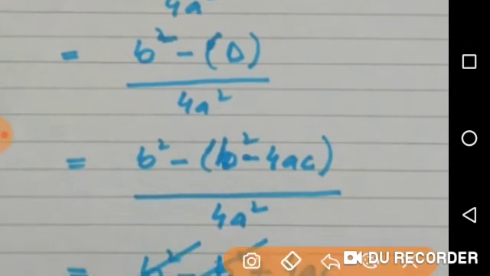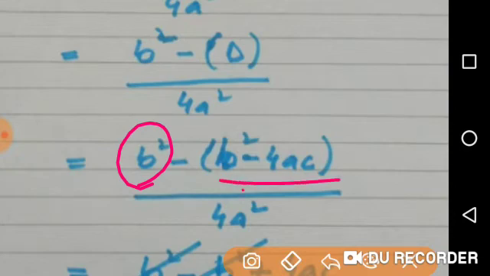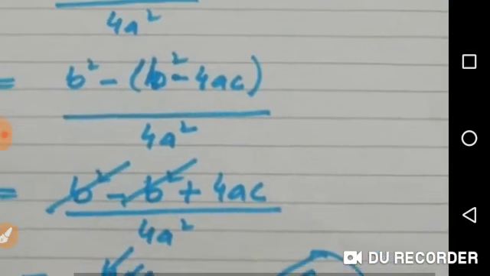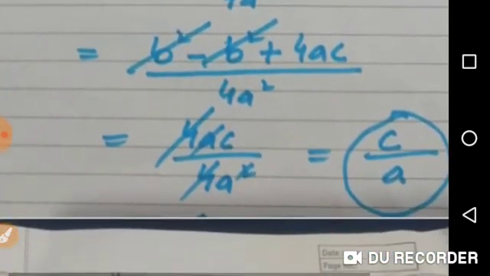So keep b square as it is and give the value of d, b square minus 4ac. Then multiplied with the negative sign: minus b square, minus minus plus 4ac divided by 4a square. Plus b square and minus b square will be cancelled out.